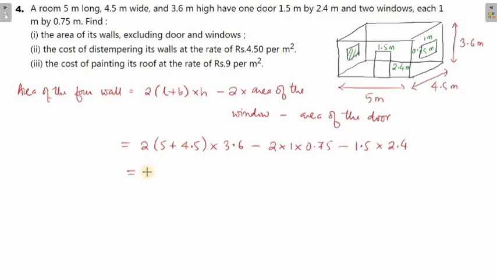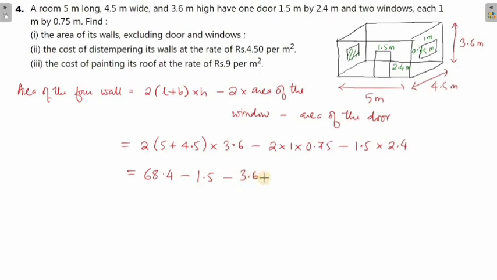Now let's quickly evaluate this. 5 plus 4.5 is 9.5, into 2, into 3.6 as well. When you multiply, you get 68.4, minus 2 into 1 into 0.75 which gives 1.5, minus 1.5 into 2.4 which gives 3.6.